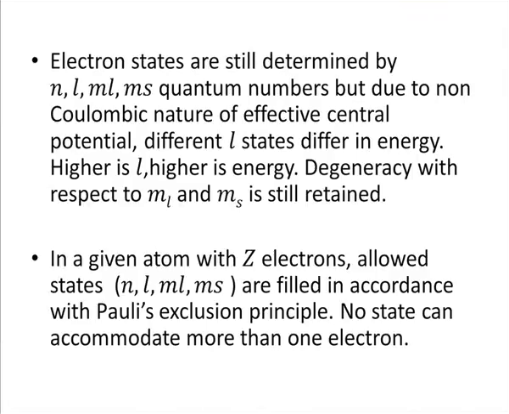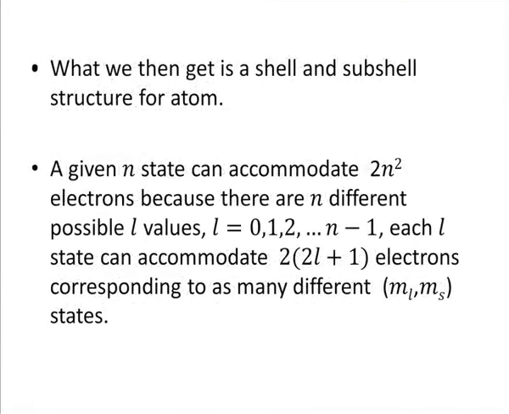In a given atom with Z electrons, allowed states characterized by n, l, ml, ms are filled in accordance with the Pauli's exclusion principle. No state can accommodate more than one electron. What we then get is a shell and subshell structure for the atom.